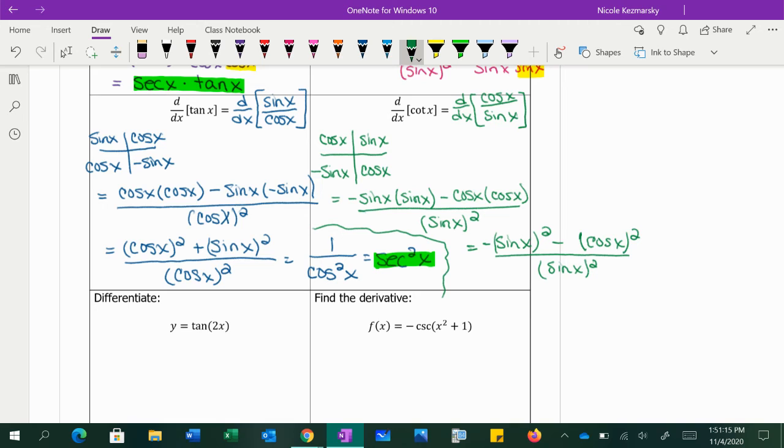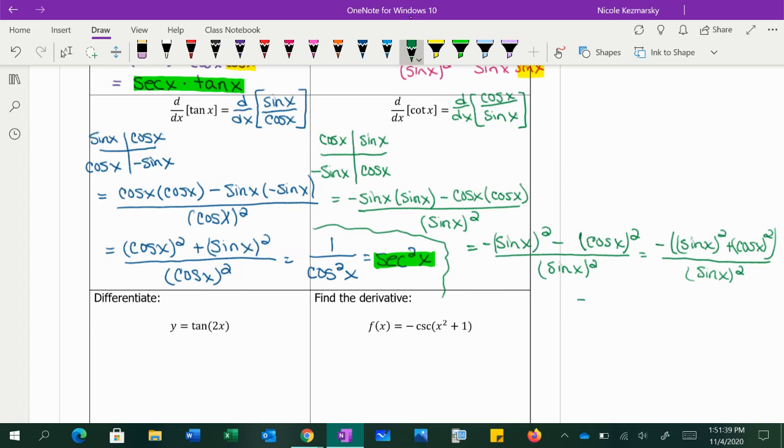Both of those in the numerator have negative signs, so I can factor that out. I can make that negative times sine of x squared plus cosine of x squared, all over sine of x squared.